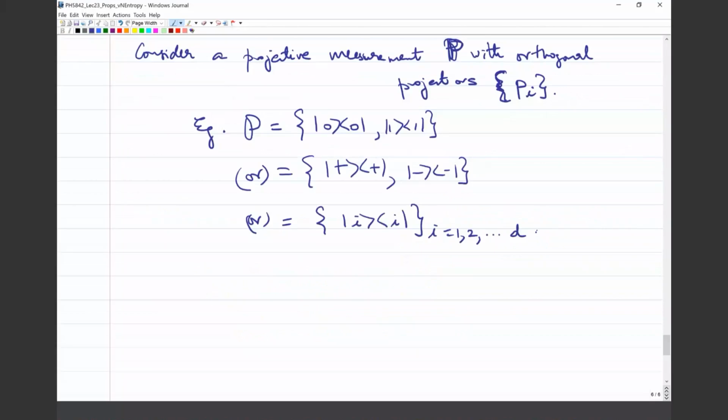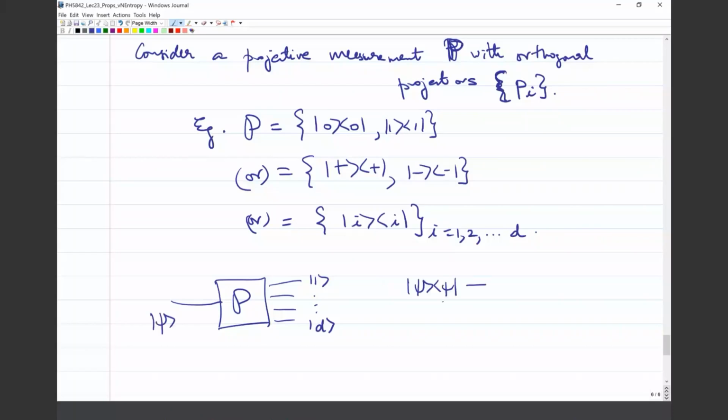When I draw this measurement box here and I'm measuring this projector P, my outcome is going to be one of these d possibilities, here ket 1, ket 2, etc., ket d. But I, of course, will represent this as a map. If it's a pure state, how does the state transform under measurement? The collapse itself, I cannot model as a map. That is just a collapse, psi going to 1 or psi going to 2 or whatever.